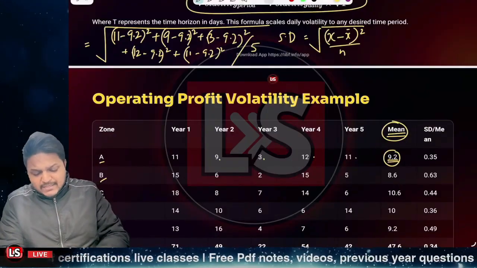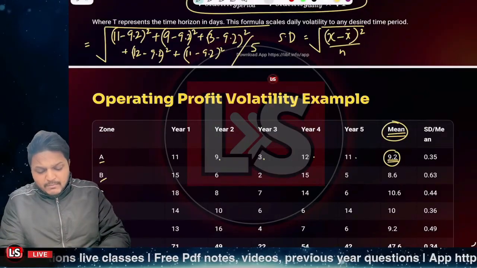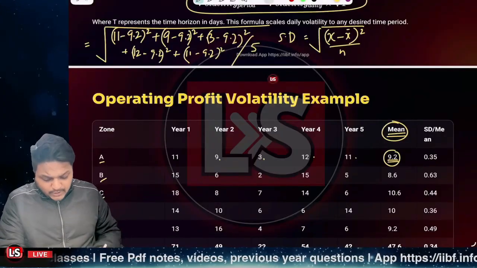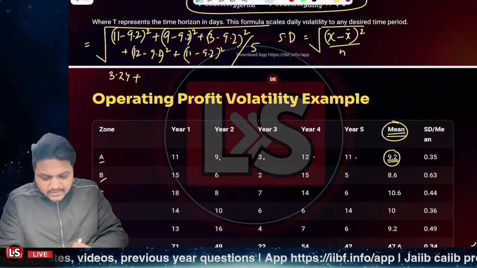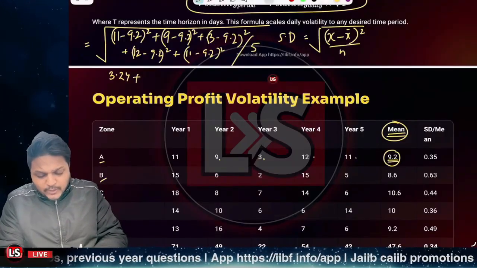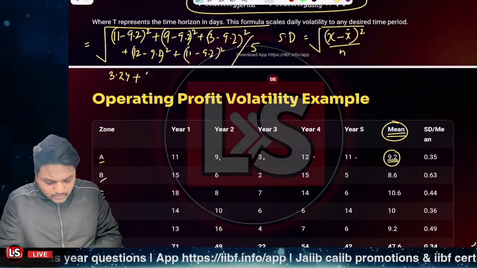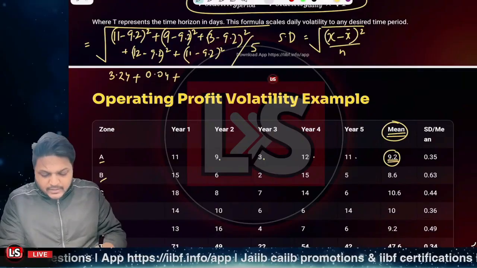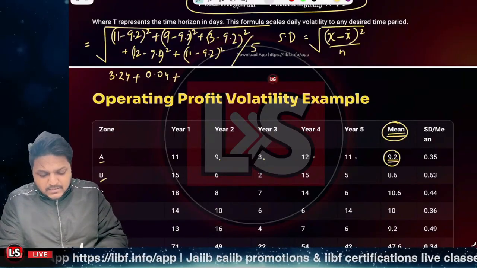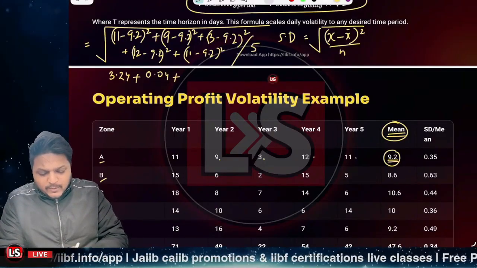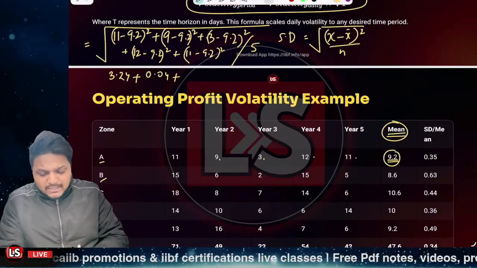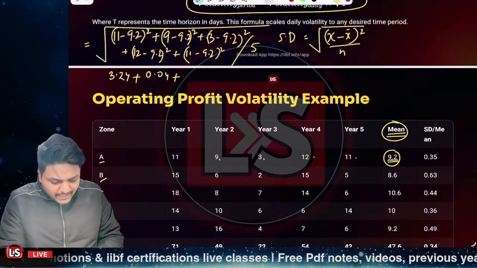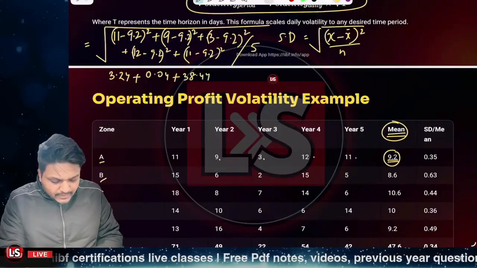So 11 minus 9.2 is 1.8, multiplied by 1.8, so it is 3.24. The first term is 3.24. Plus 9 minus 9.2, that is 0.2, multiplied by 0.2, that is 0.04. The next one is 9.2 minus 3, that is 6.2, multiplied by 6.2, that is 38.44.